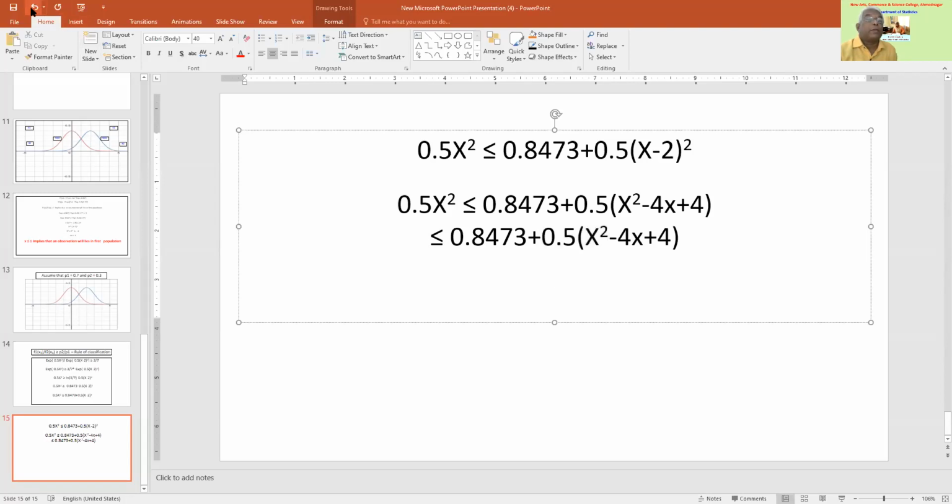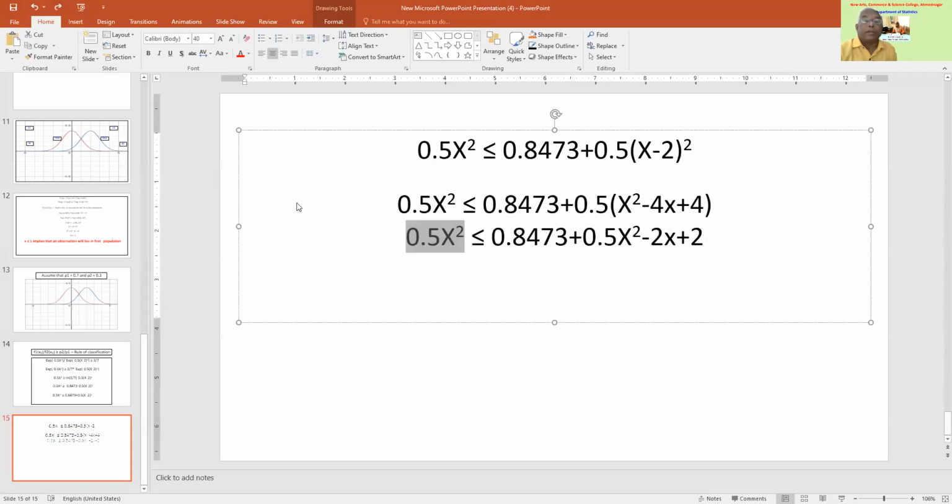Here I can write 0.5 x square minus this will become 2, and this will also become 2 because I am multiplying by 0.5, so it will become half. And now this 0.5 x square and this 0.5 x square will get cancelled.